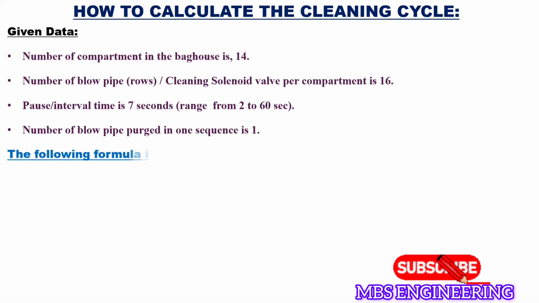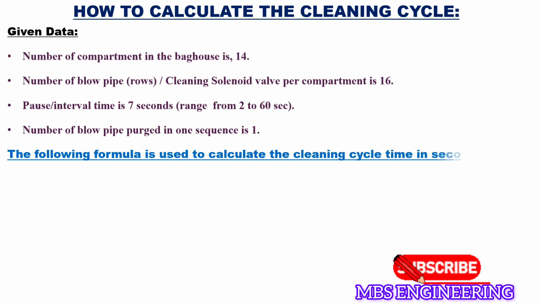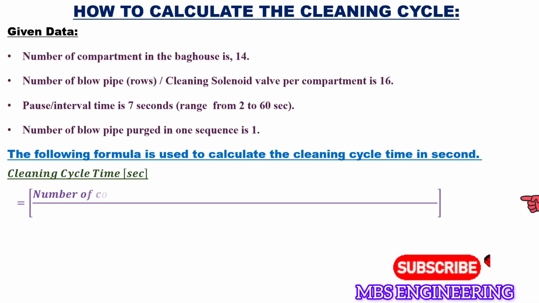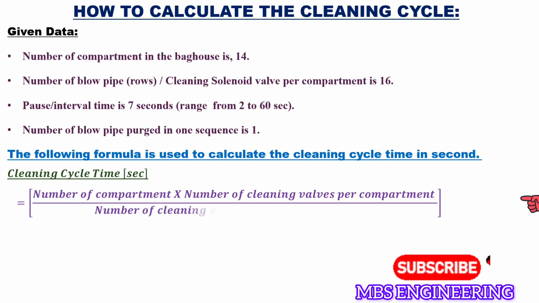The following formula is used to calculate the cleaning cycle time in seconds. The following formula is used for offline baghouses, which have compartments. It involves multiplying the number of compartments by the number of cleaning valves per compartment and the pause time.